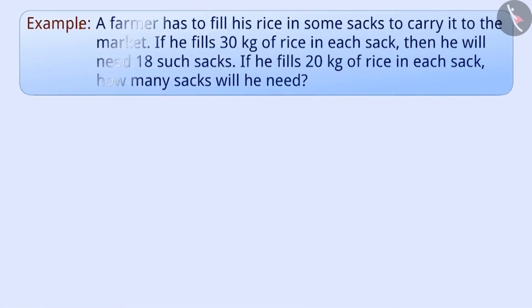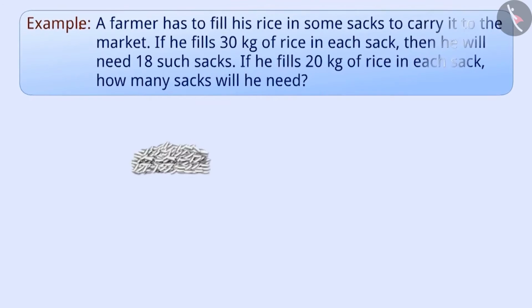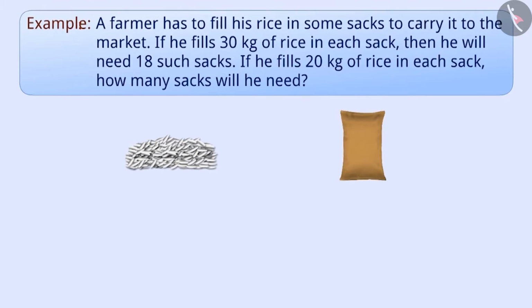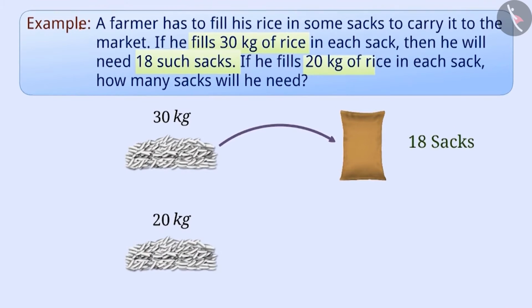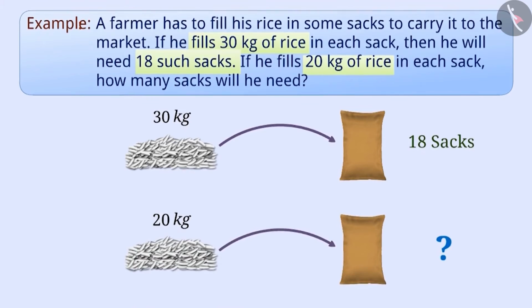A farmer has to fill his rice in some sacks to carry it to the market. If he fills 30 kg of rice in each sack, then he will need 18 such sacks. If he fills 20 kg of rice in each sack, how many sacks will he need?